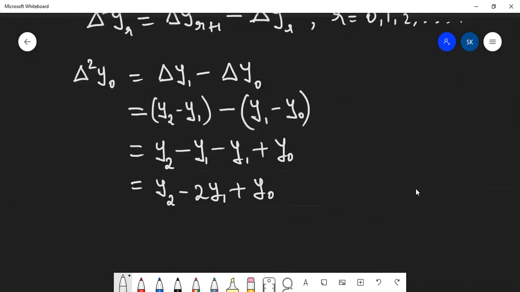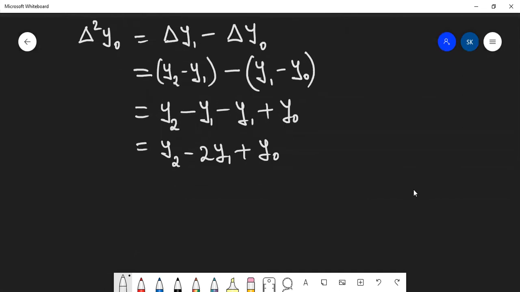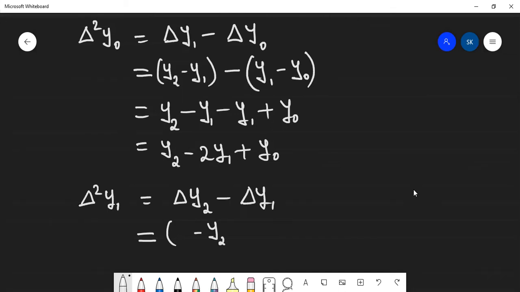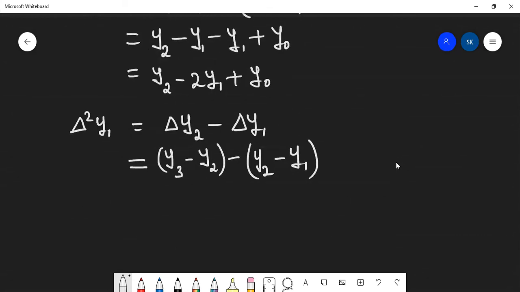So shall we see one more? Delta square y1. What is delta square y1? This is delta y2 minus delta y1. What will be delta y2? You will have subtraction of two terms. The second term is delta y1. What will be the first term? You should increase one suffix in forward differences. Then simplify and write.